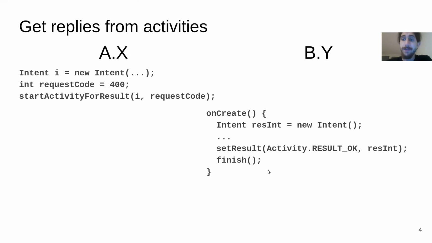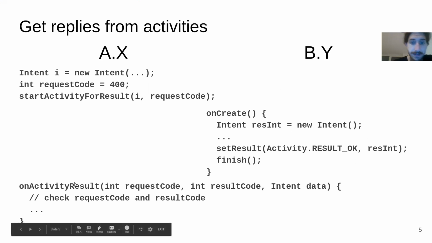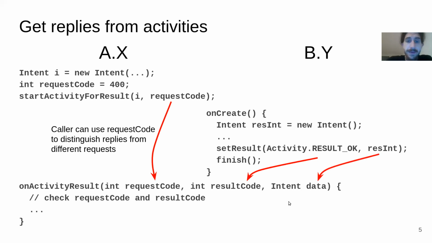At this point, a callback of activity X is going to be invoked. This callback is onActivityResult and accepts 3 arguments: request code, result code, and data. And these arrows map what you're gonna find in these 3 arguments.